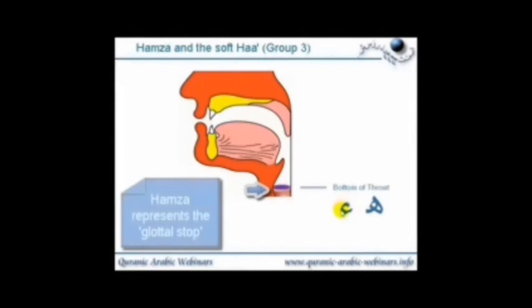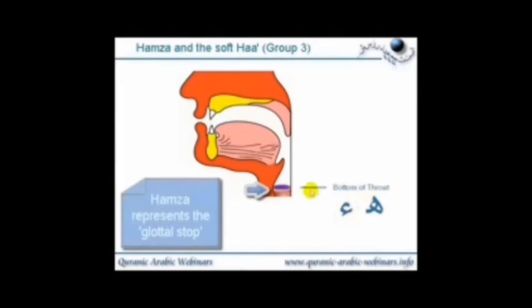Now in English you have no letter to represent the glottal stop. However, if you were to say any letter beginning with one of the English vowel sounds, so for instance the letter A, if you say it very slowly, you should feel that your throat blocks a tiny bit right at the beginning. That's known as the glottal stop.